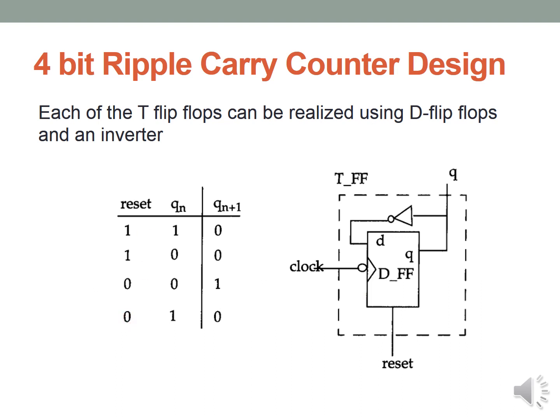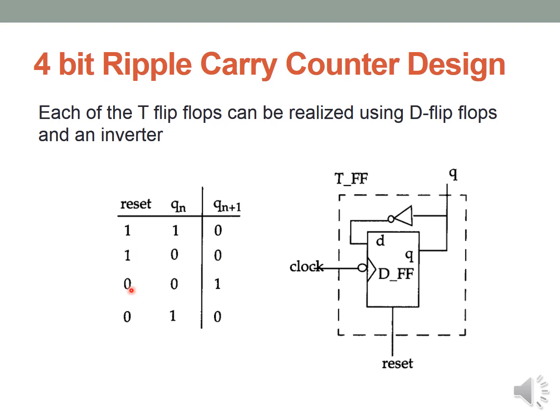According to the truth table, whenever the reset signal is 1, we know that it is an active high reset. Whenever the reset is 1, irrespective of the previous state, the next state is always 0 because the reset signal is high.